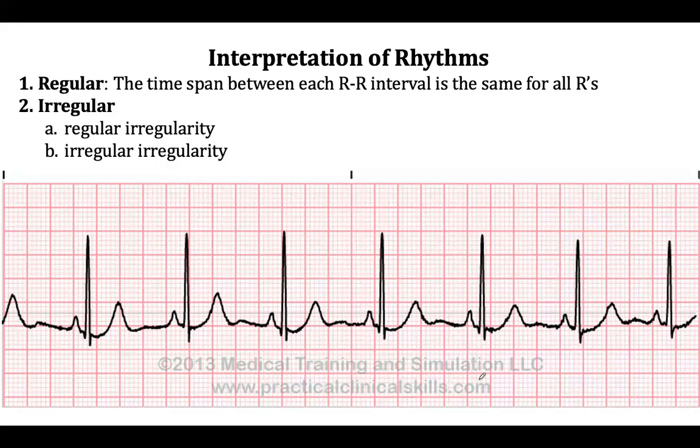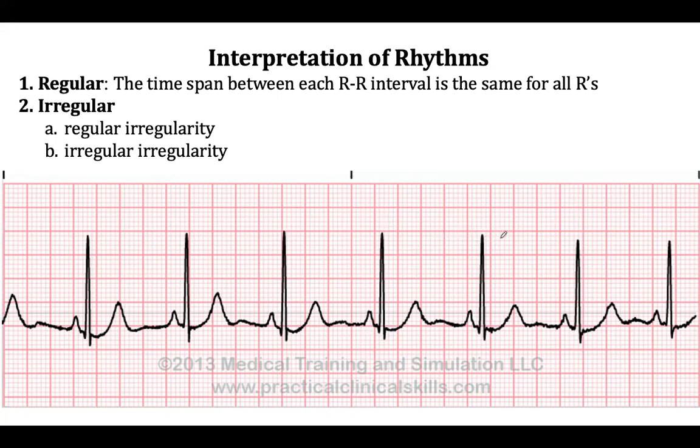So, interpretation of the rhythm. Is the rhythm normal? How do I look at that? I'm going to look at the time span between each of the R to R intervals and see if that distance is the same. So from here to here, there are 4 boxes. From here to here is almost 4 boxes. And then here I have 1, 2, 3, and then 3 and 3, which add up to about 4 boxes again.